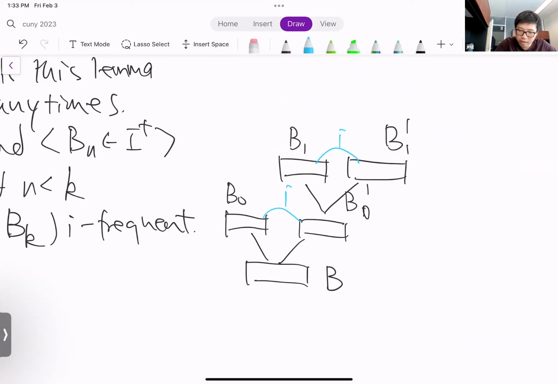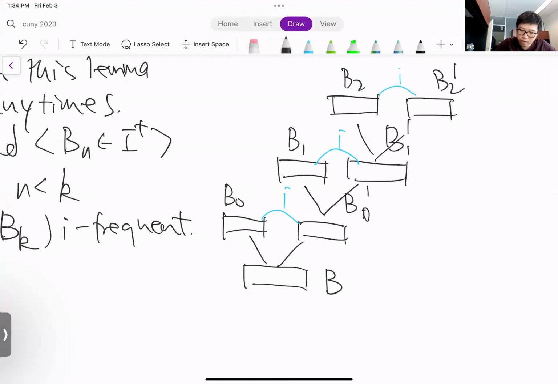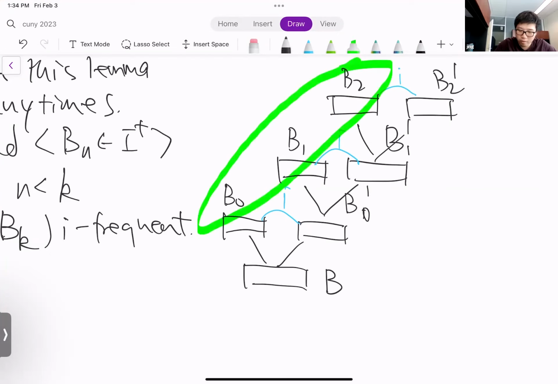And then you continue and keep splitting, and you get B2 and B2 prime, and they are I frequent. So in the end, this row is what we're interested in. This is exactly what we get.